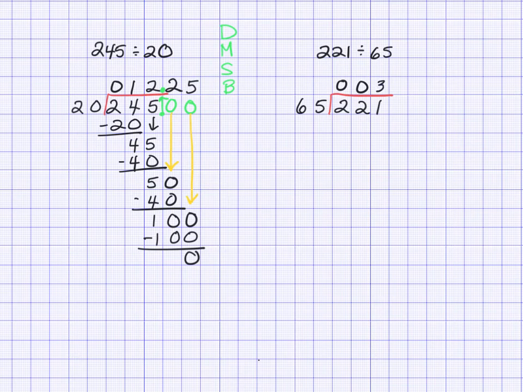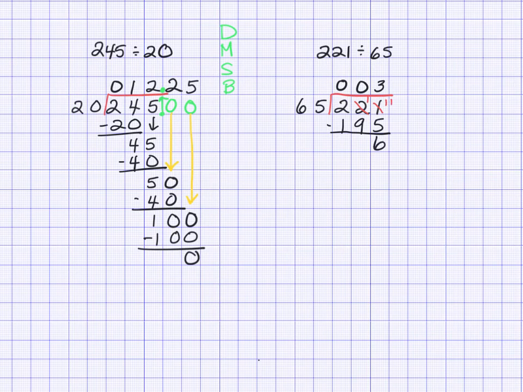It happens to be able to go into 221 3 times, and 3 times 65 is 195. In my algorithm, I just multiplied, so I'm ready to subtract. And when I do my subtraction, I'll do that for you so it's official. We're going to have to borrow from 2 and make this into 11. 11 minus 5 is 6.